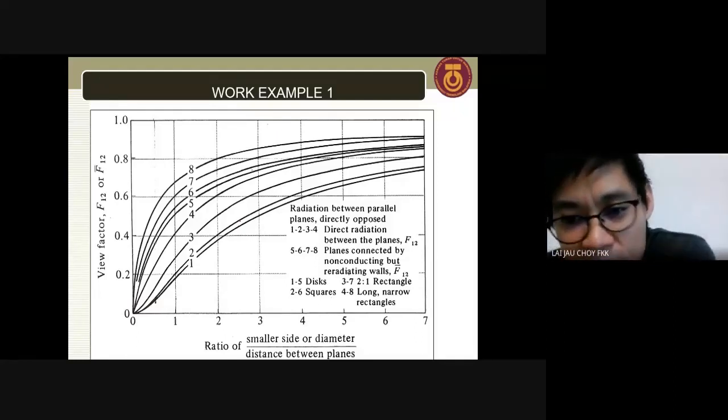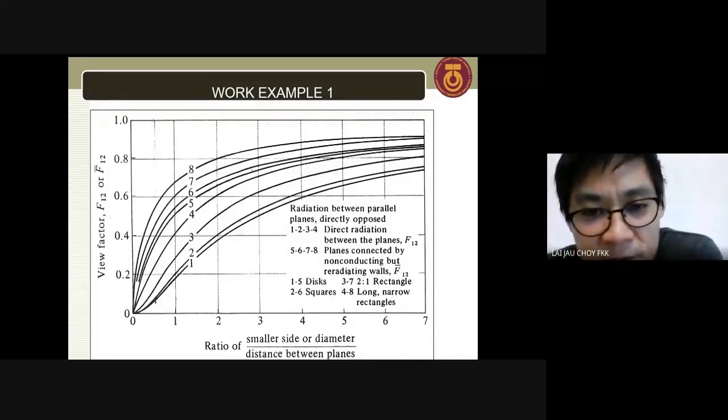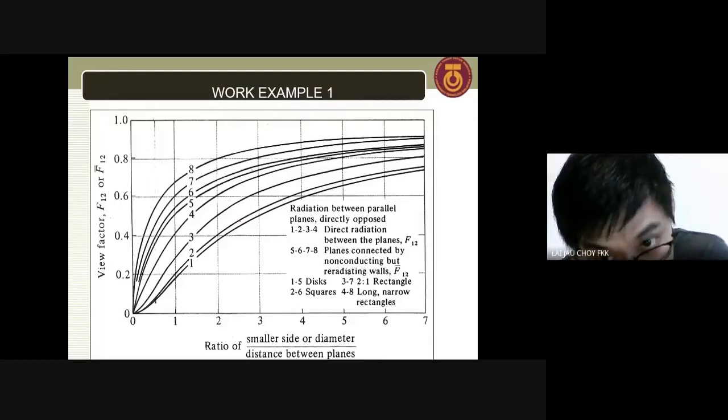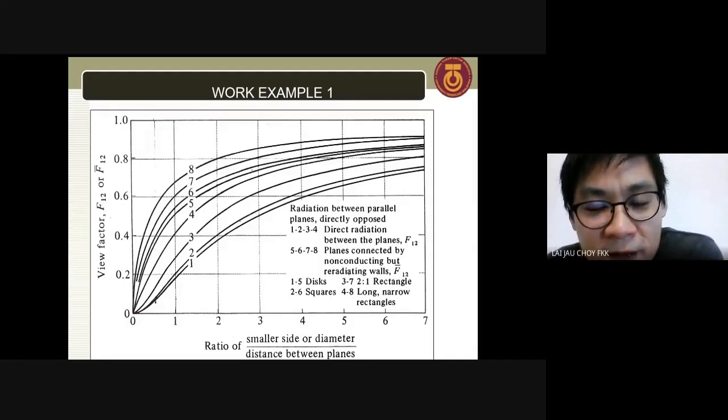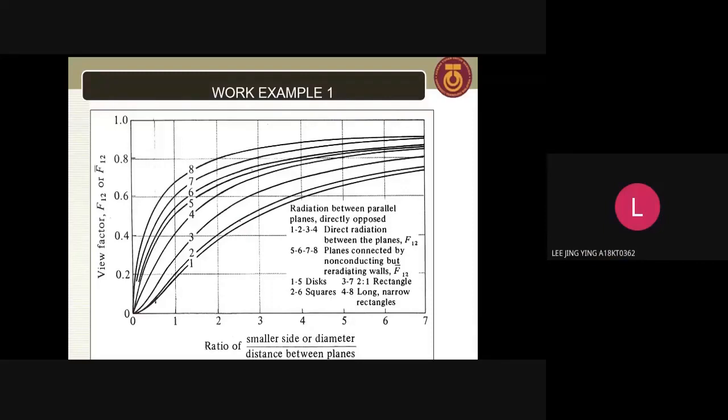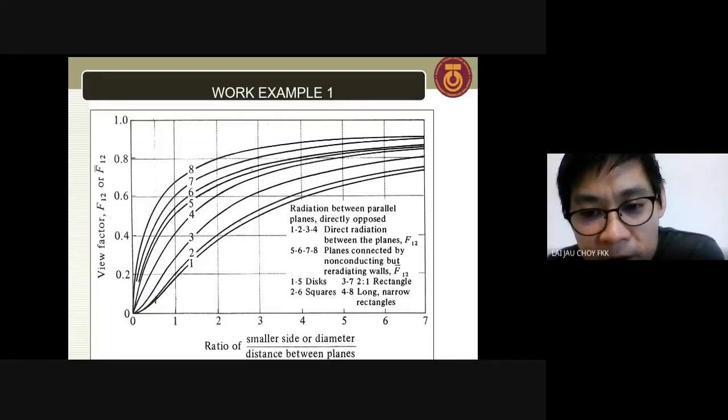Instead of 3 times 1, it is now 2.5 times 1. So which curve should you use? Just unmute yourself and tell us your answer. Curve 4. Curve 4, okay, is correct, because it's still considered a long, narrow rectangle.